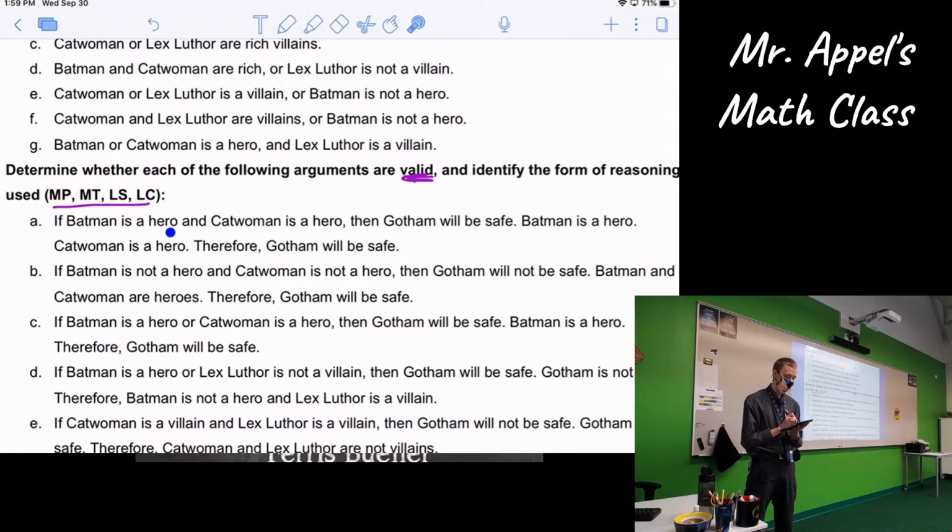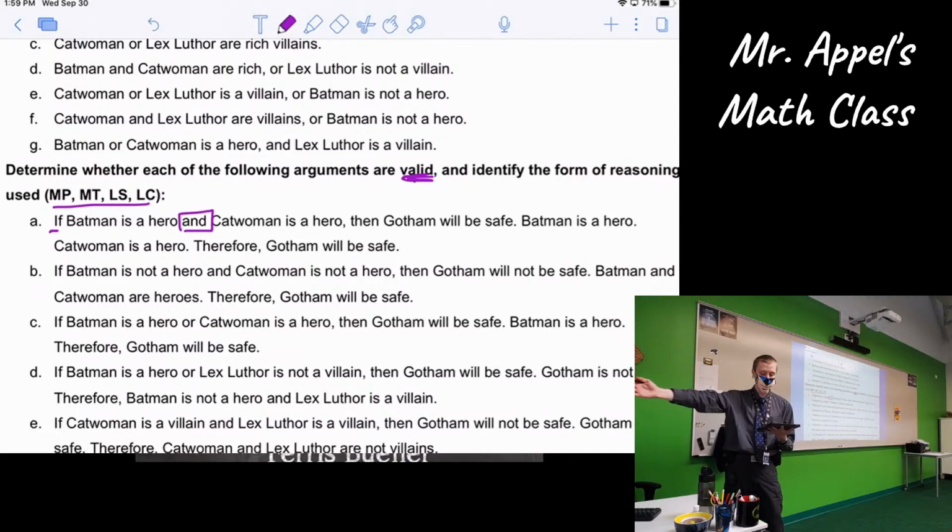Let's check the first one here. If Batman is a hero and Catwoman is a hero, then Gotham will be safe. Aha. So now we've got a conditional with the if, but also a conjunction with the and. That if part relies on the conjunction. You need both halves, both Batman is a hero and Catwoman is a hero, to be true to make the whole hypothesis true that leads to the conclusion Gotham will be safe, right?